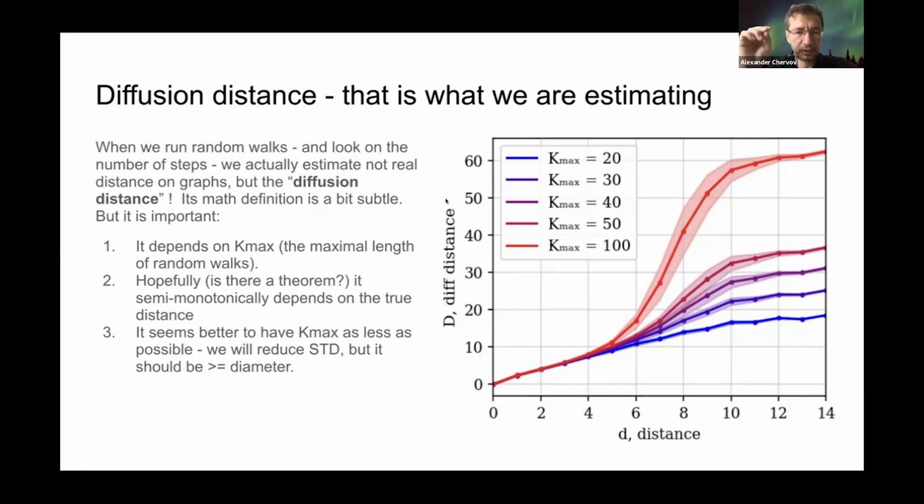But now there are some subtleties I want to emphasize for you. This definition can be rephrased mathematically as a kind of diffusion distance on the graph. But the main point is that it will depend on the length of the random walk.